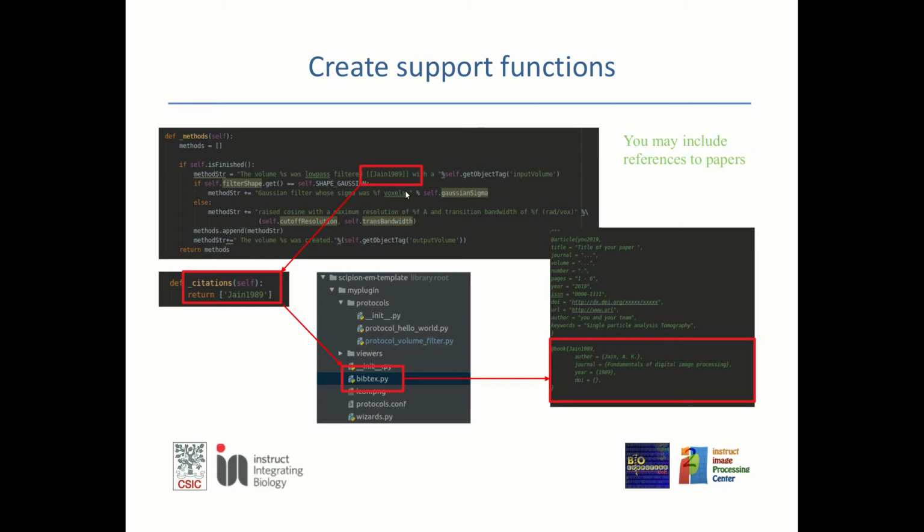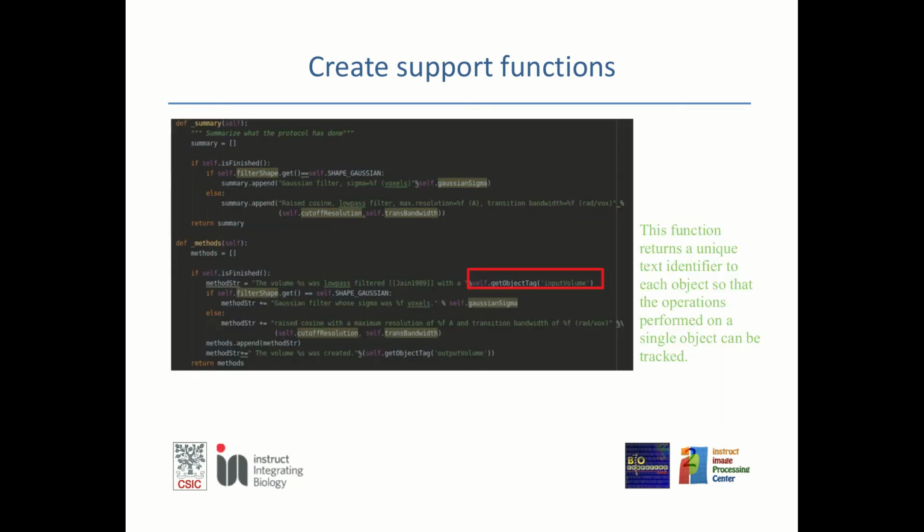So in these extended summaries, you have references. These references have this syntax. This syntax has to be also complemented by a function in your protocol that defines what are the BibTeX keys that you need. And these BibTeX keys have to be expanded in the BibTeX file of your plugin.